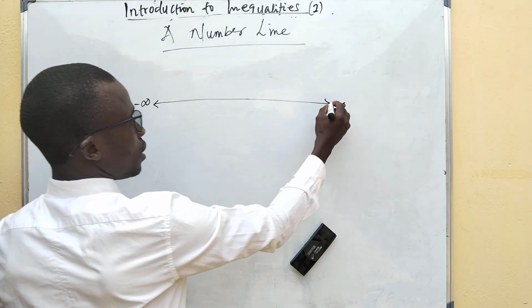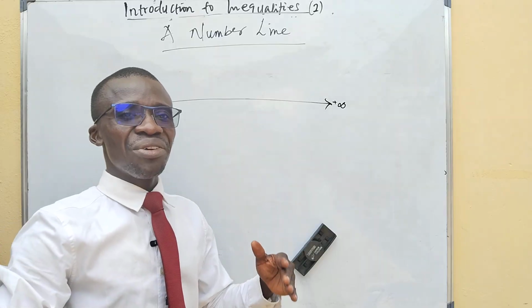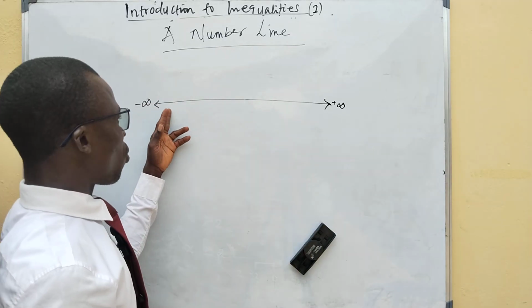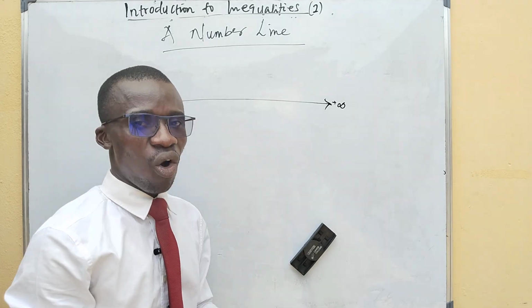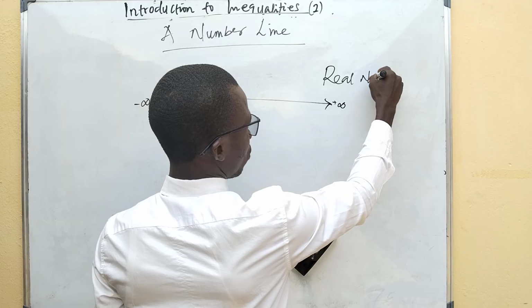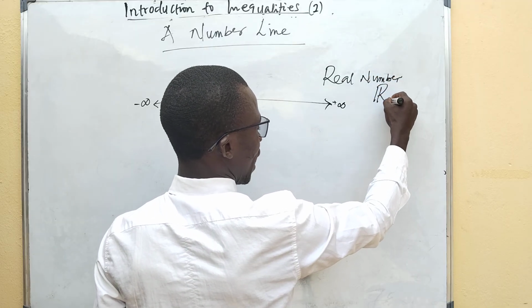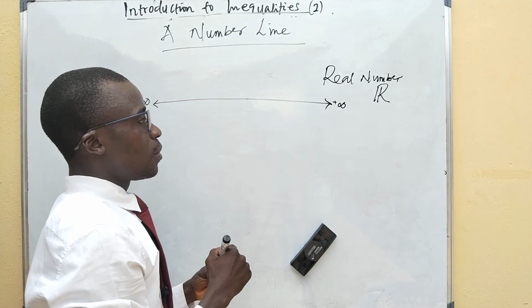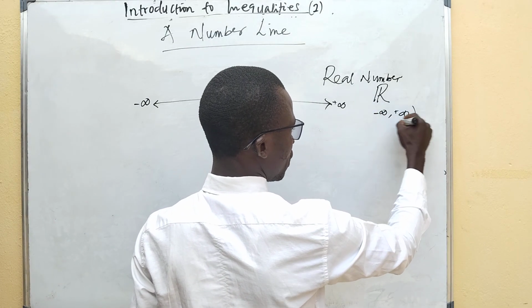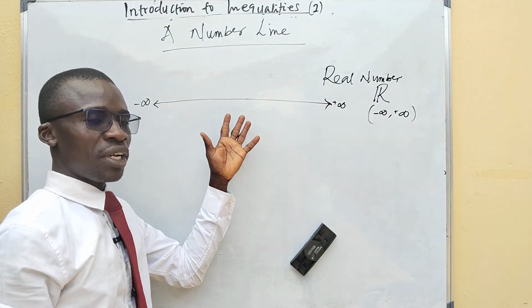In this number line, it has several values. But any number we are going to get within this number line is called a real number. It is represented with this sign. The set of real numbers is from negative infinity to positive infinity. They are all open. So this is just a clear definition of a real number.